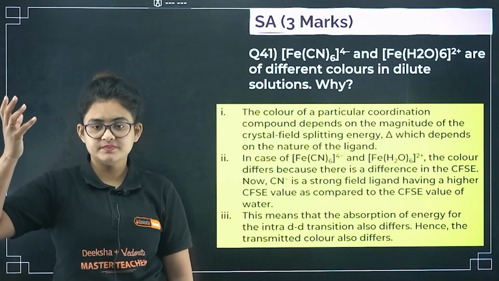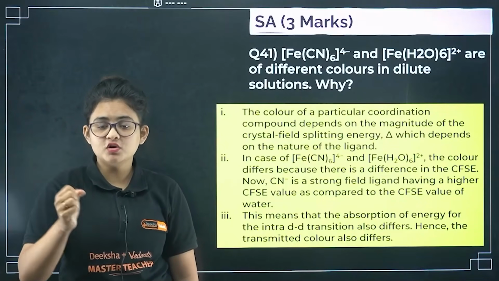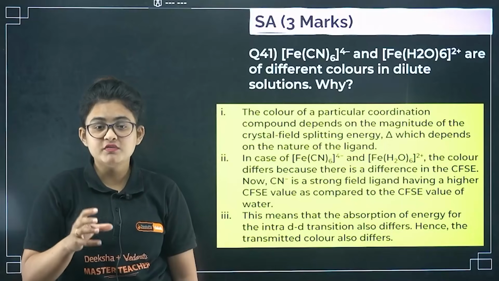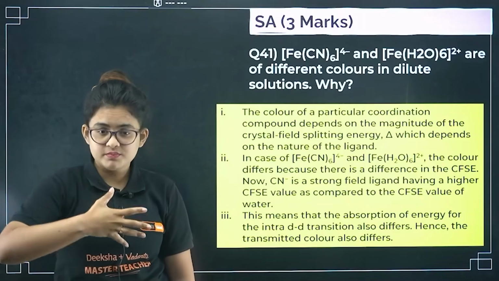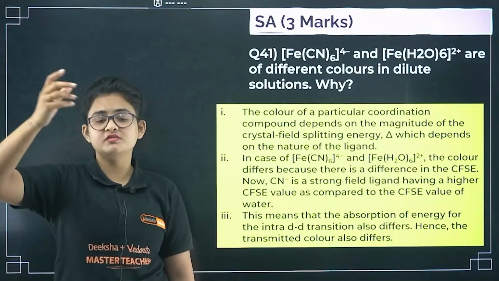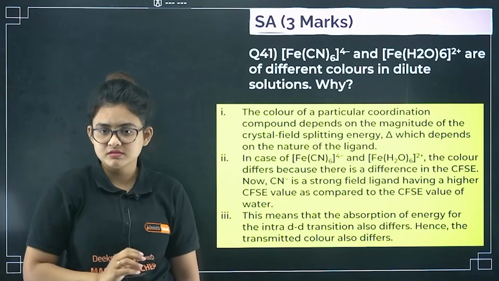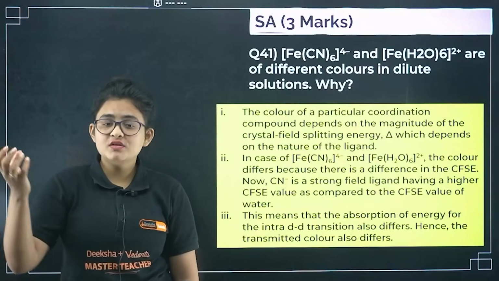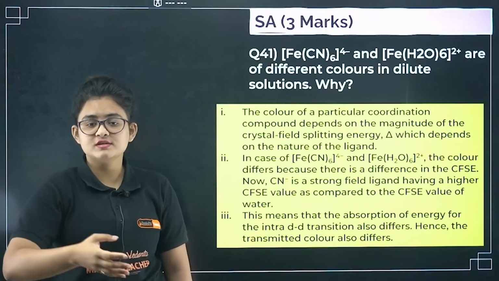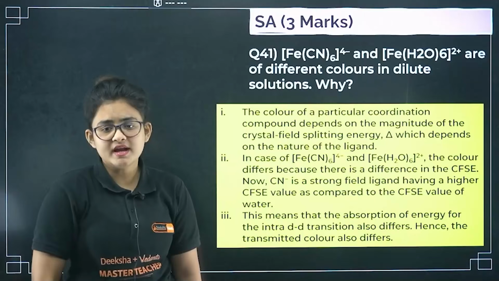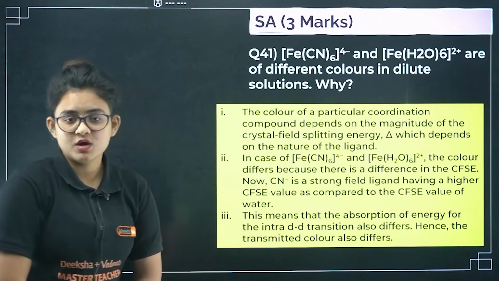But for H2O, comparatively lower CFSE value, so the d to d transition will be different. For strong field ligand, CFSE value is more, hence the d to d transition energy will be more, hence you can see a different color. But for H2O, ligand field is low, CFSE value is low, hence the d to d transition will also differ, so a different color you will observe.